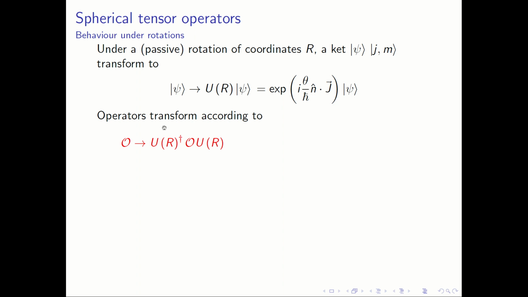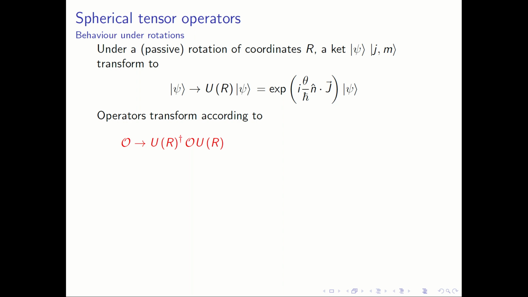Well, instead of saying that states change when you rotate, you could actually get the same result by saying that operators change when you rotate. So an operator O goes over to UR dagger O UR. Just to remind you, this is to ensure that ultimately the physical results that we need, which depend on the way matrix elements change when you do a rotation, are the same in both these approaches.